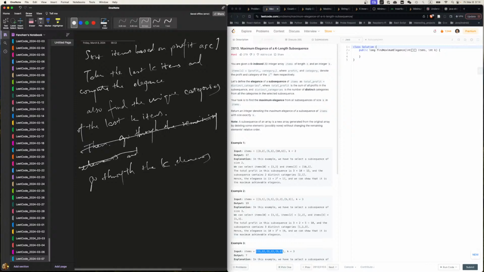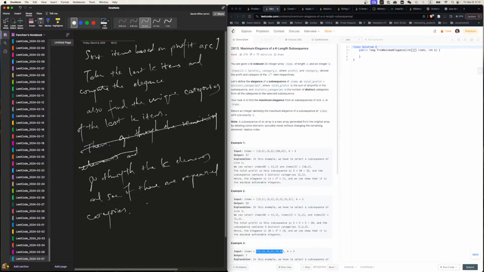Right, we go through the k elements, and we need to find out if there are any duplicates, and see if there are repeated categories.